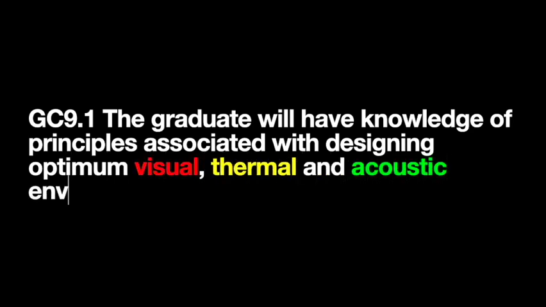To give you an example, GC 9.1 states, the graduate will have knowledge of principles associated with designing optimum visual, thermal, and acoustic environments. Let's say that in your projects you covered extensively vistas, thermal mass, etc., but you don't have anything against the acoustics part of the criterion. Then even if you've covered the rest extensively, there's still that missing piece that is considered a gap.